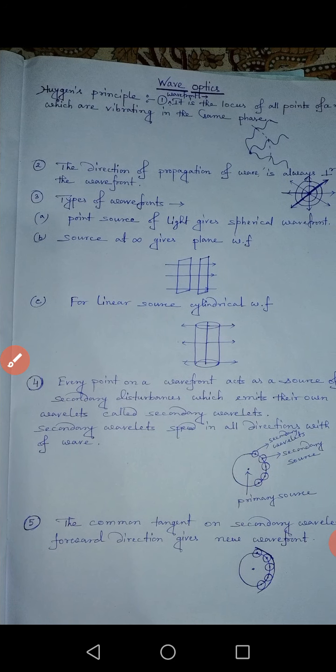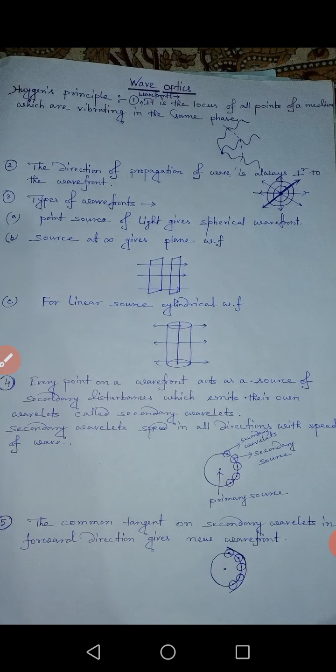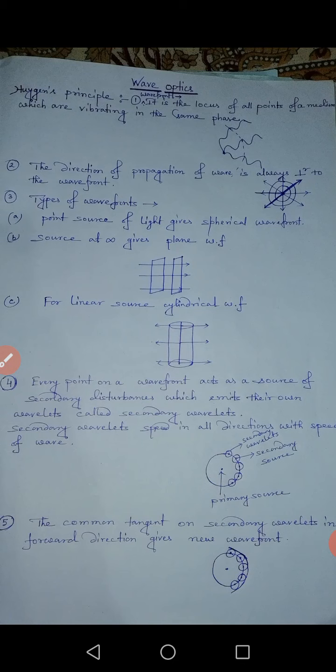Another point is given: secondary wavelets spread in all directions with the speed of light. These secondary wavelets spread all over the surface. This side also they exist, this side also. With what speed are they moving?